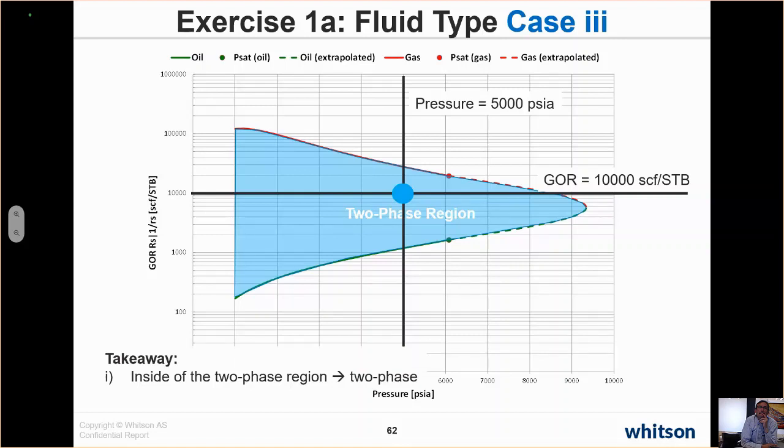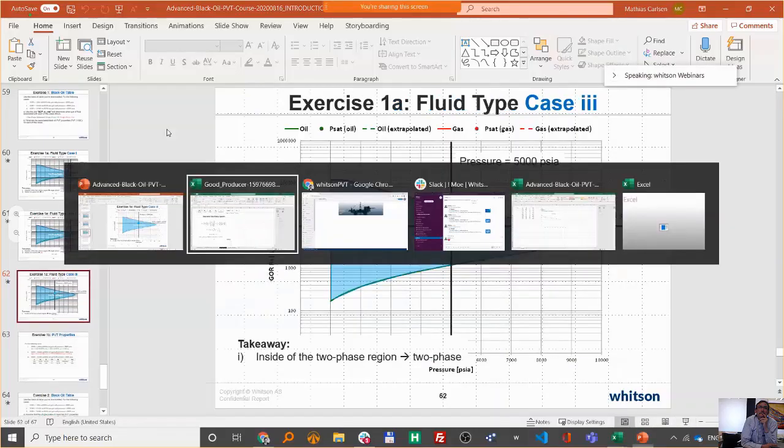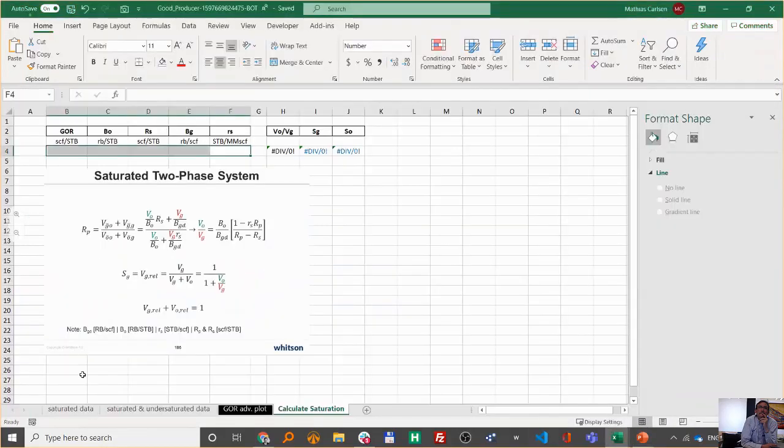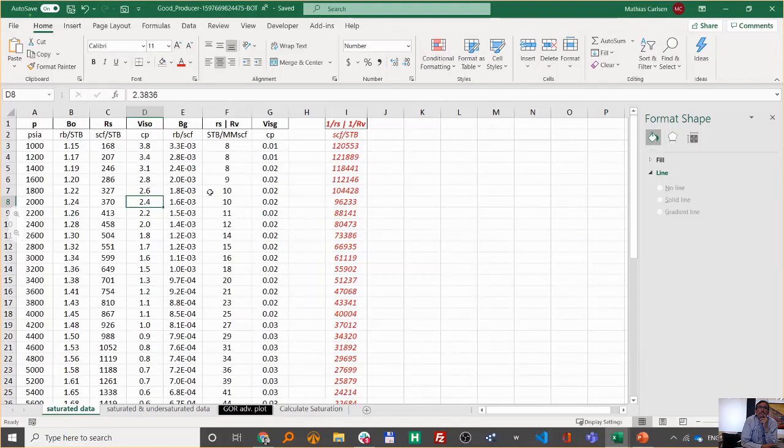Very good. For the second part of the exercise, what we'll have to do is to jump into the Excel sheet to answer what are the associated PVT properties to case A, case B, and case C. So case 1 there, we had a GOR that was provided to this grid cell of 1500.